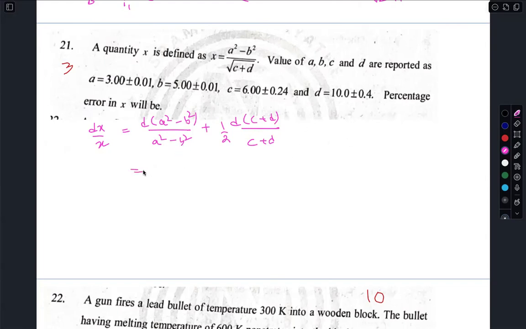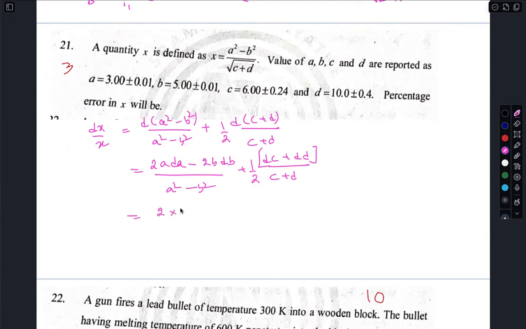Later this can be written as, again you need to do this: 2a dA minus 2b dB by a square minus b square plus a half dc plus dd by c plus d.